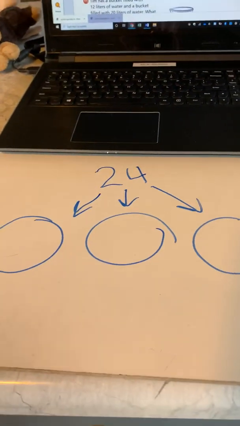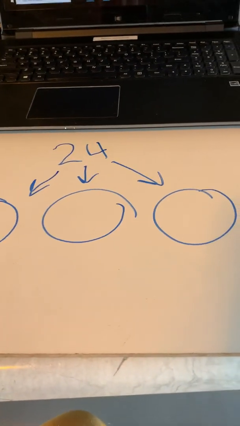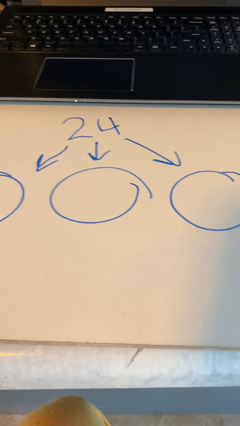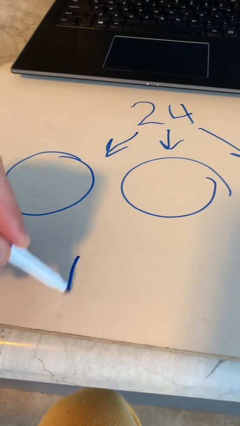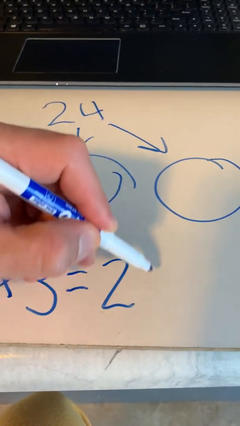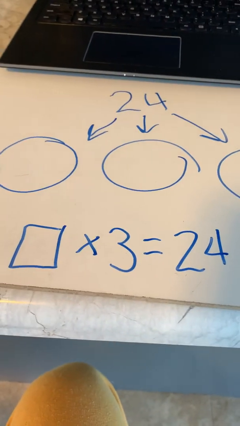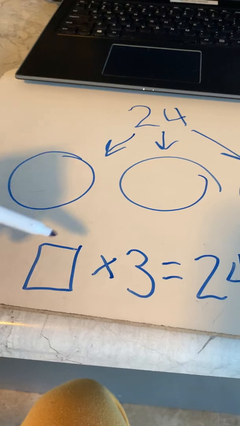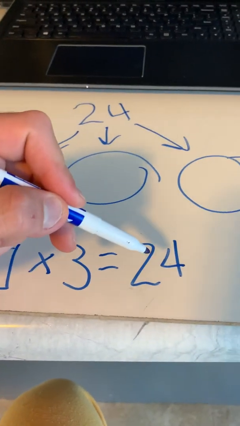And we know that splitting up is dividing. How can we do this? We can think what times 3 is 24. And then when you have a missing factor, remember, numbers we multiply together are factors. The answer is the product.